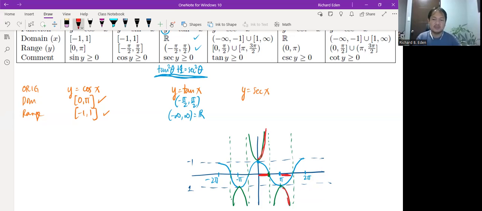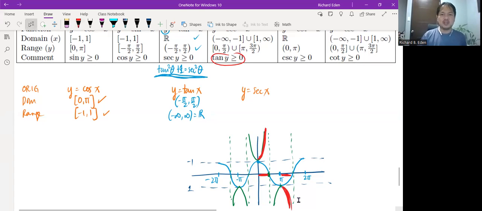This is what we're going to take. Okay, so when we determine which graph of the secant function we are going to retain, which we will then reflect to get the graph of the secant inverse, it would have to be the red portions corresponding to angles in quadrants 1 and 3, because we want tangent of y to be greater than or equal to 0.